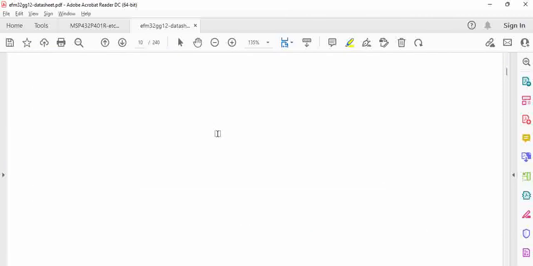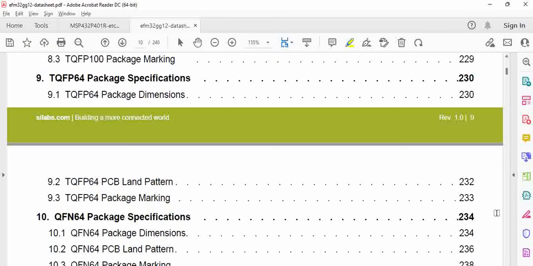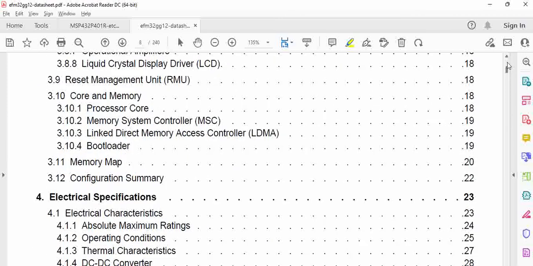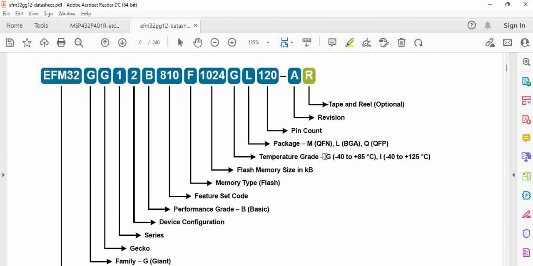So one more important thing while selecting the microcontroller: you need to have a grip on the configuration of the microcontroller you have selected.